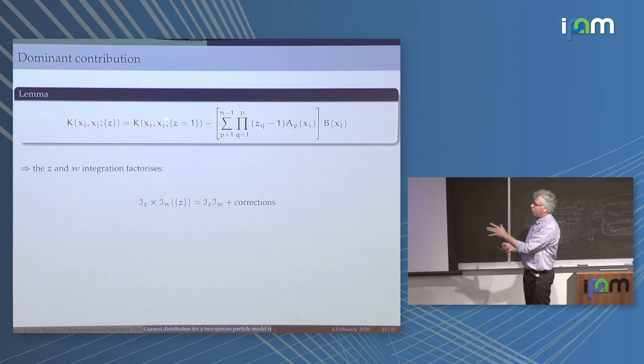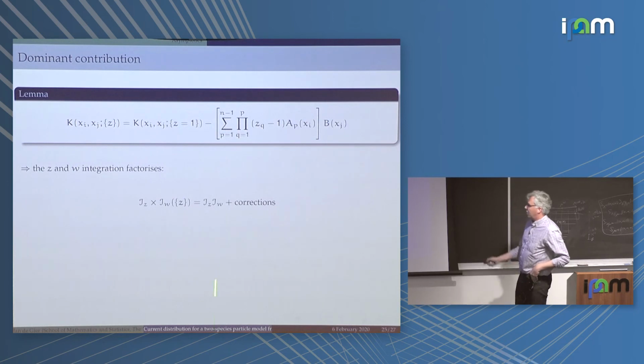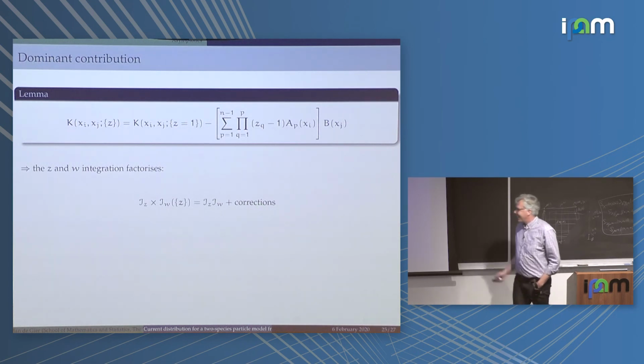And so we'll find that asymptotically, these nested integrals actually factorize in the large time limit, plus corrections that are small. The subtlety lies in making this completely rigorous, showing that these are small, but we're almost there.